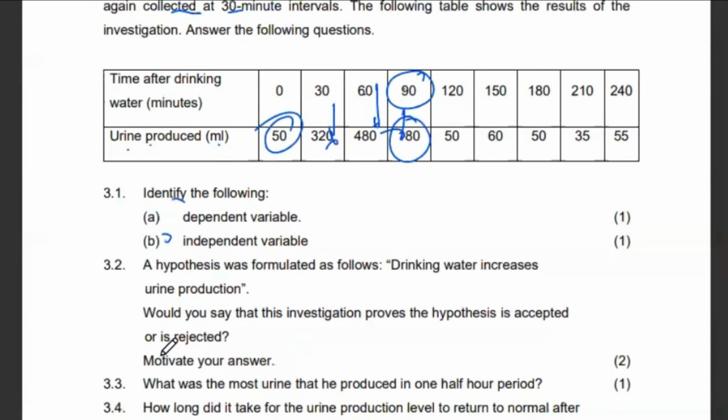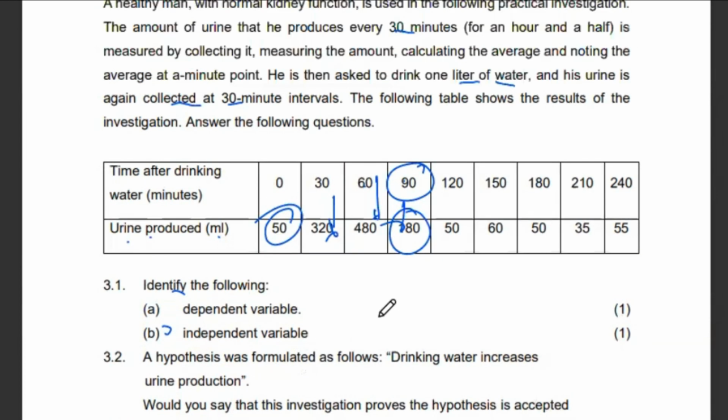The question is asking: would you say the investigation proves the hypothesis accepted or rejected? In this case, we can say that the hypothesis is accepted. Motivate your answer: as the person has just drunk this water, the urine production increased until the 60th minute. After that, it started to decrease. So that's how you're supposed to state this hypothesis.